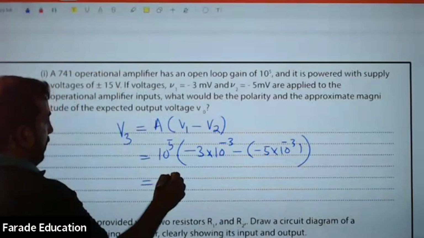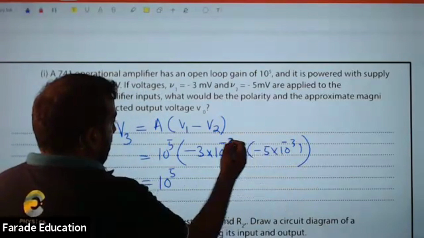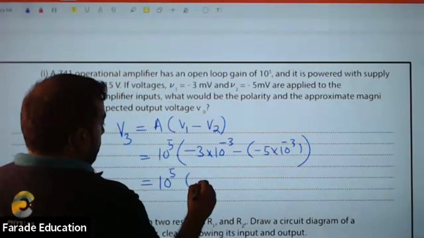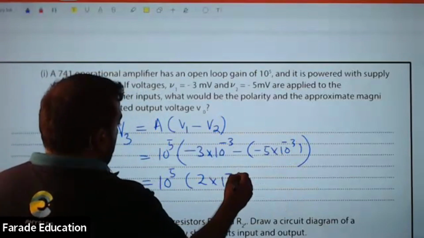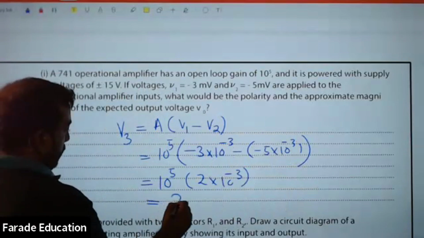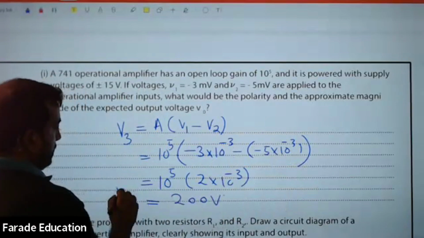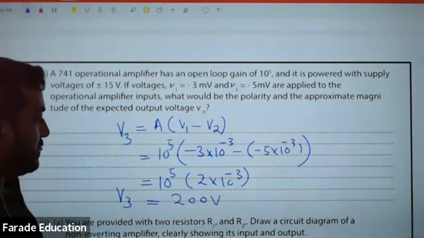Simplify this: 10 to the power 5, times minus 3 minus minus 5 is 2, 2 times 10 to the power minus 3. You will get 200 volts for V3. This is not possible.